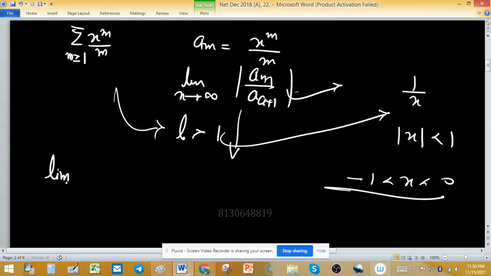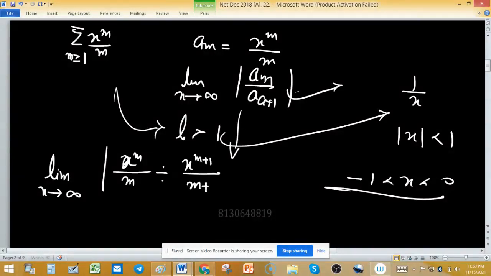So this is the limit as m tends to infinity, and the mod of this one will equal mod of x raised to the power m upon m divided by x raised to the power m plus 1 upon m plus 1.